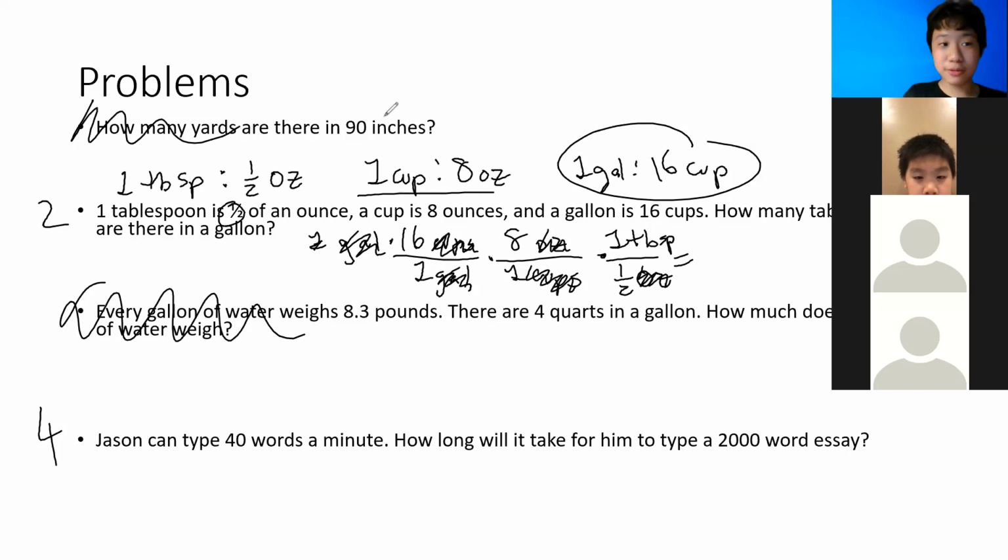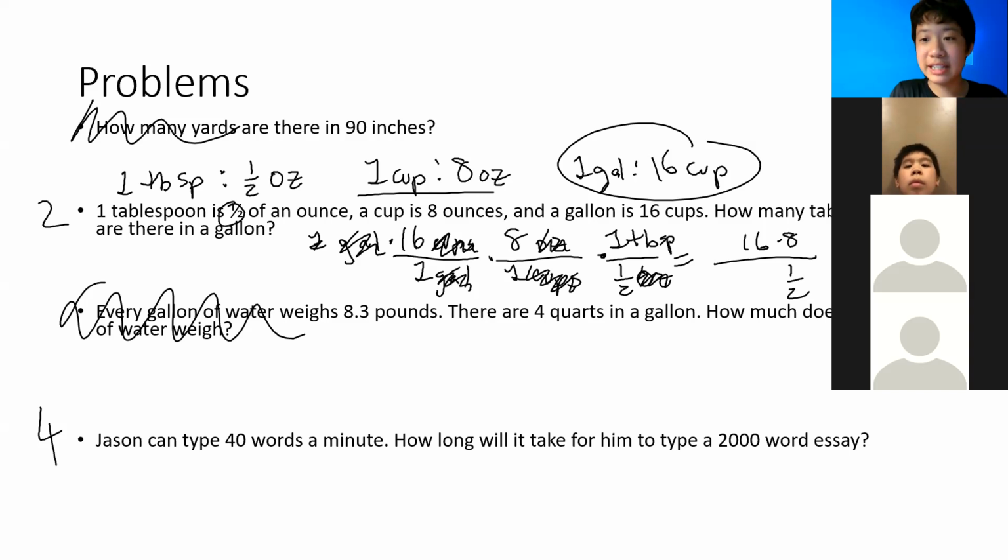So all we need to do now is do all the math that's involved. So we have a 1 times 16 times 8 times 1 over 1 times 1 times 1/2. Let's get rid of those ones because we don't need them. So what we have here is 16 times 8 divided by 1/2. What does dividing by a fraction mean?